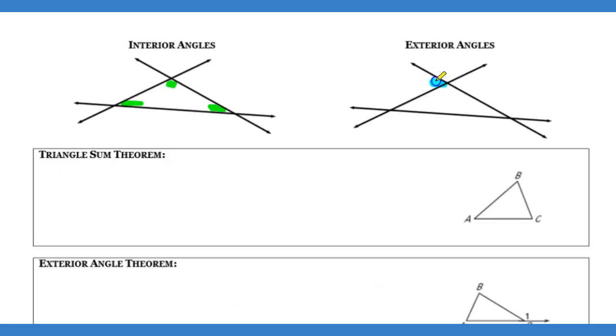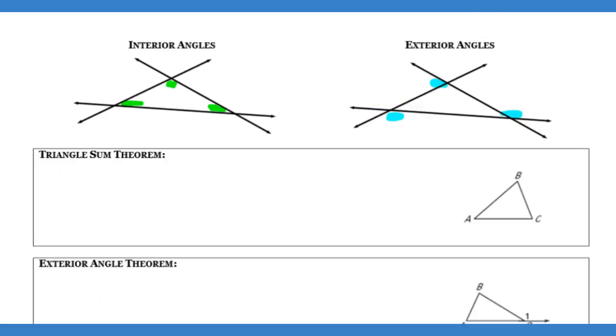This is the exterior angle that goes with that interior angle. I have another interior angle right here. This exterior angle is its linear pair. And then I have a third interior angle right here, and this exterior angle is its linear pair. So notice they're always on the same side of the extension.